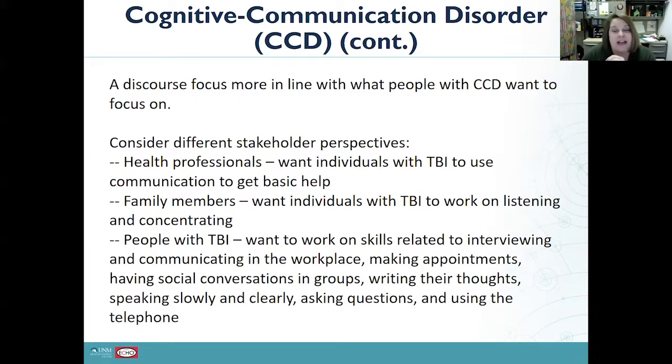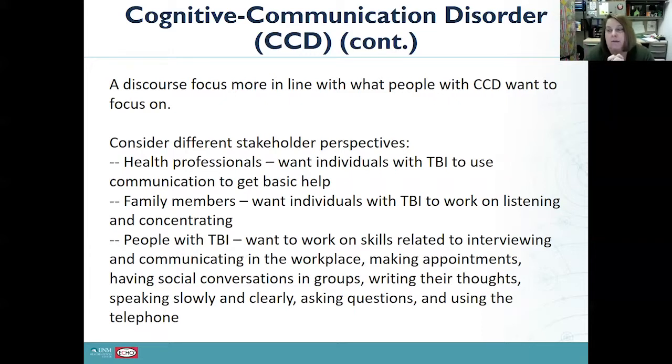So when we actually ask the patients what they want, we get a pretty good idea that it's not about crossing out certain shapes on a piece of paper. It's not about communication of basic wants and needs, about toileting or anything like that. Life-enriching communication interactions are at the top of the list for people with TBI, whether or not they have cognitive communication disorder.